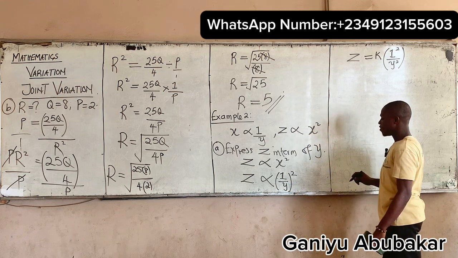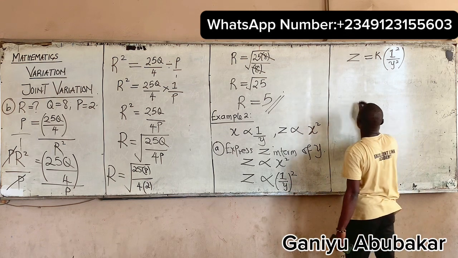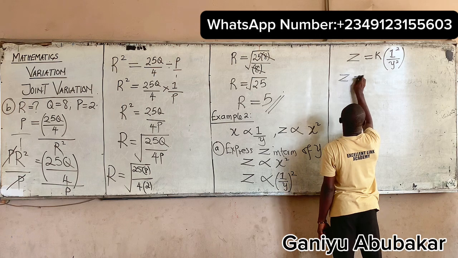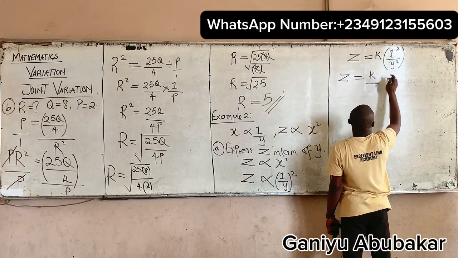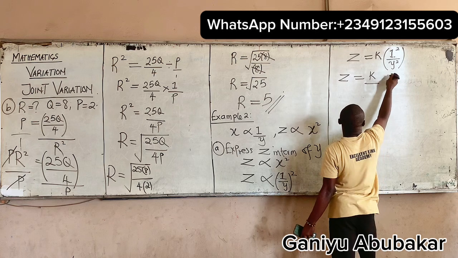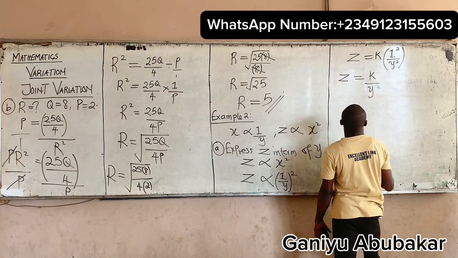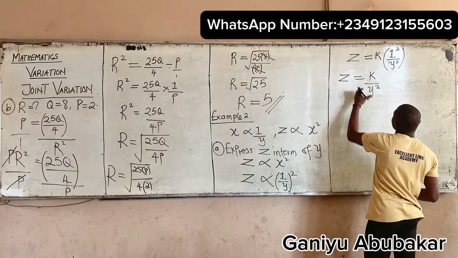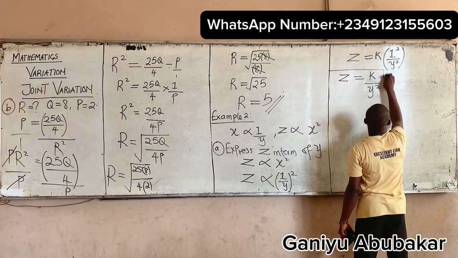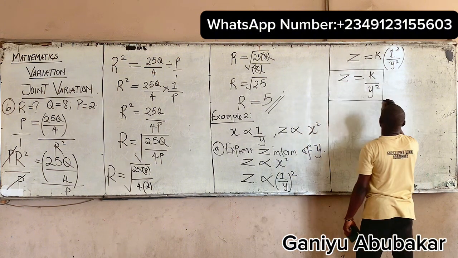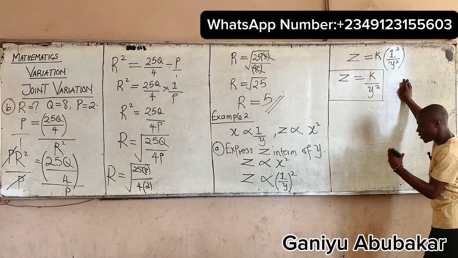So z is equal to k times 1 squared over y squared. 1 squared is 1, and 1 times k is k, so z is k over y squared. I can call this the equation connecting z and y.